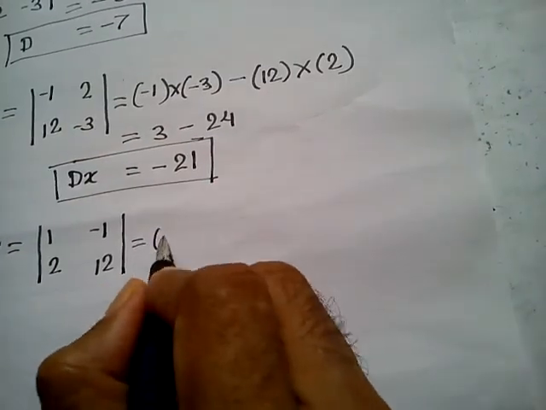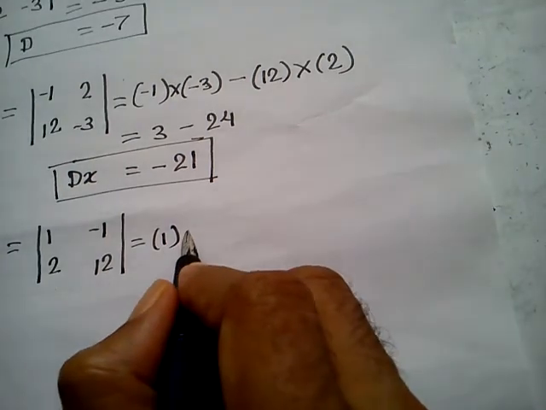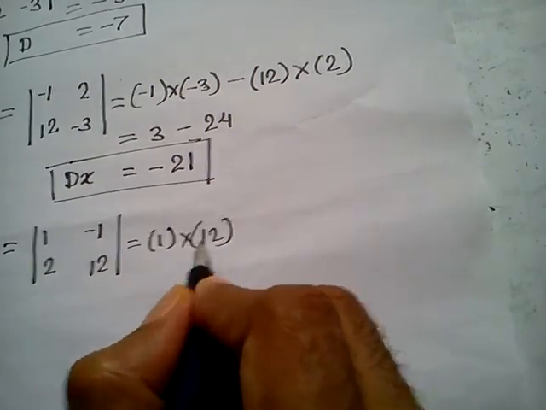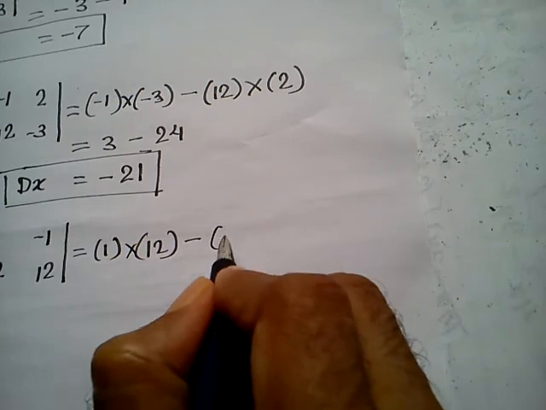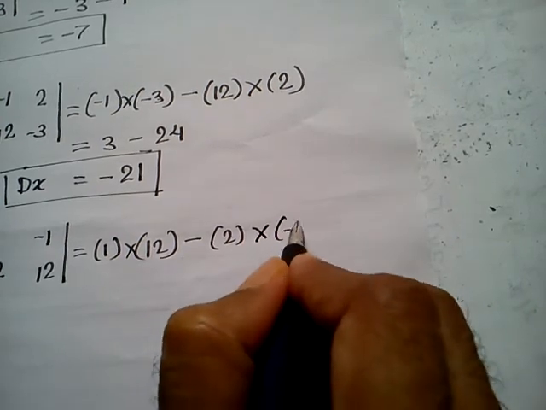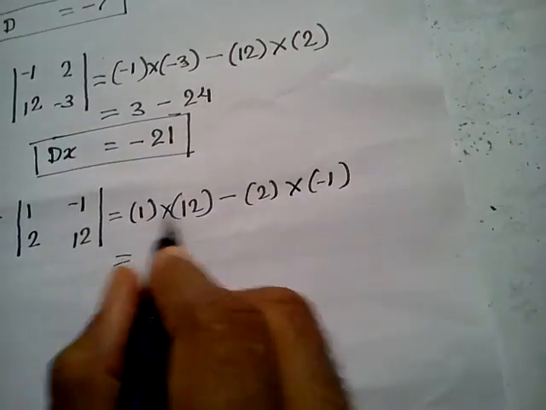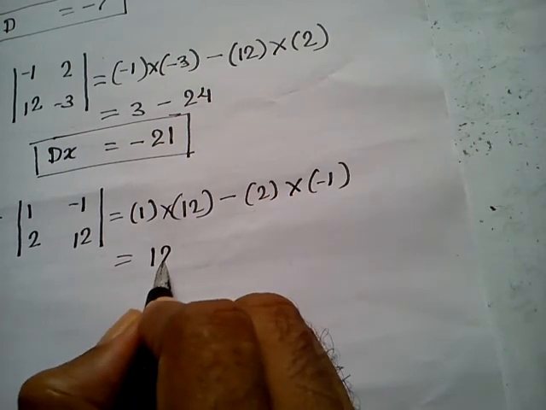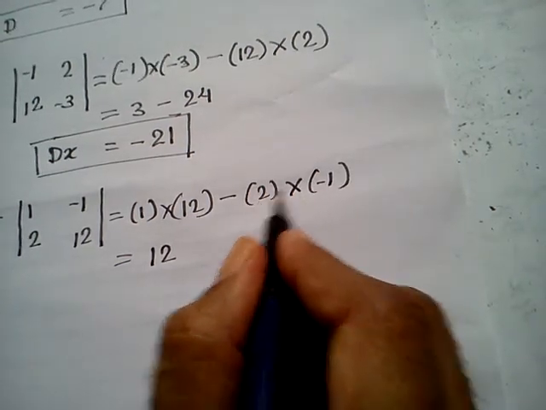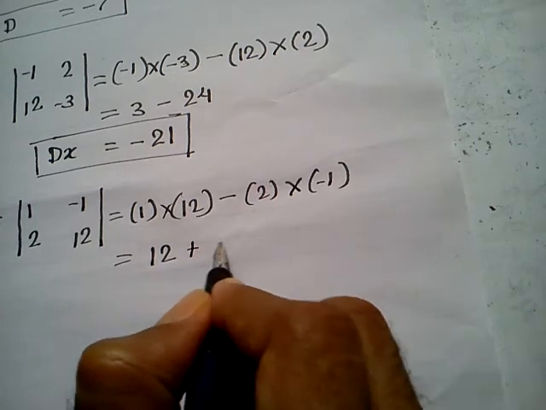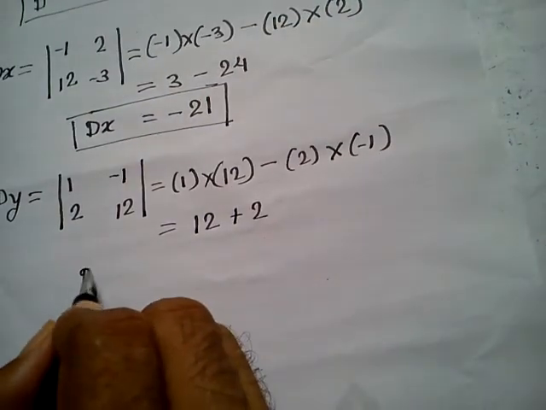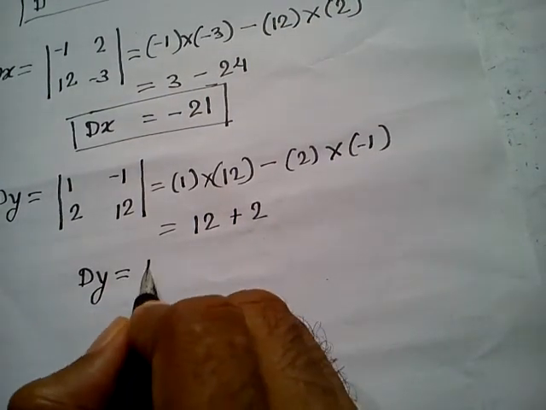Again same method use, cross multiplication 1 into 12 minus 2 into negative 1. Both are positive. 12, 2 times negative, 2 into 1 plus 2, that is dy is equal to 14.